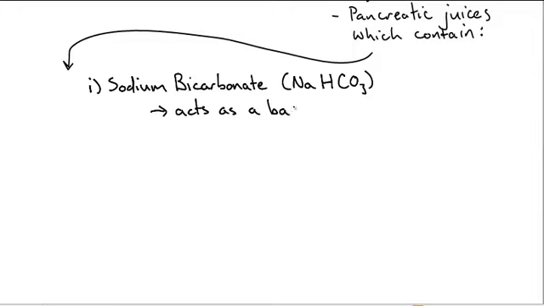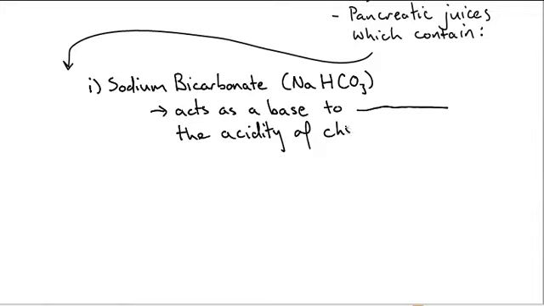Now, what would we want a base for, considering there's this chyme entering the small intestine? What would the base do to the chyme? To blank the acidity of chyme.